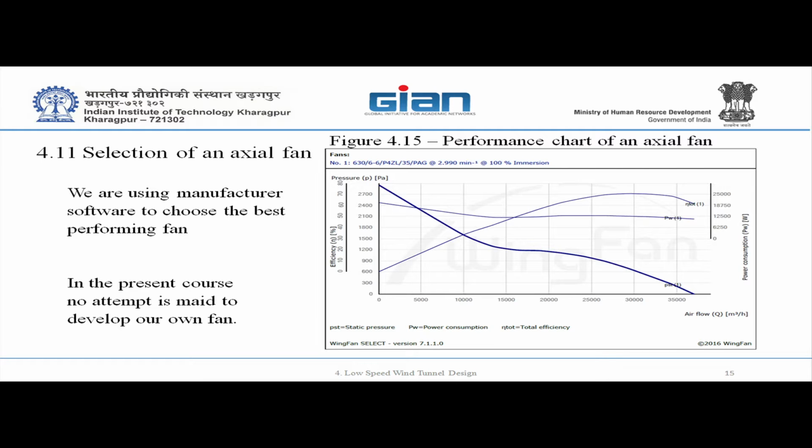And then you have to calculate the losses from the walls, friction in your circuit, your tunnel. There are losses in the meshes, in the honeycomb, in the contraction. You have to sum it up, and you come up with a higher pressure that you have to work against.